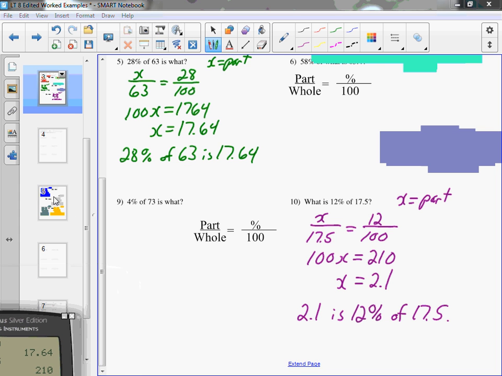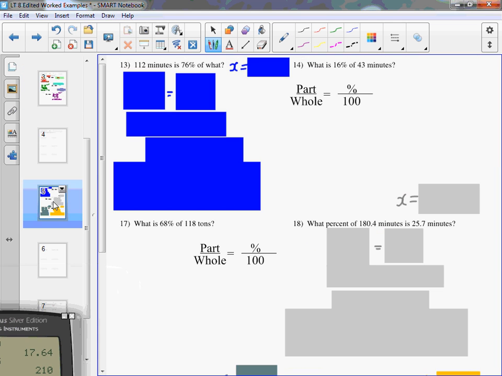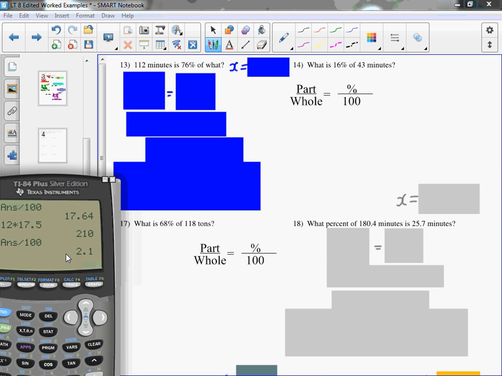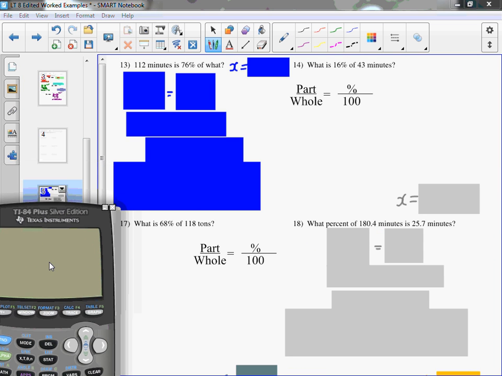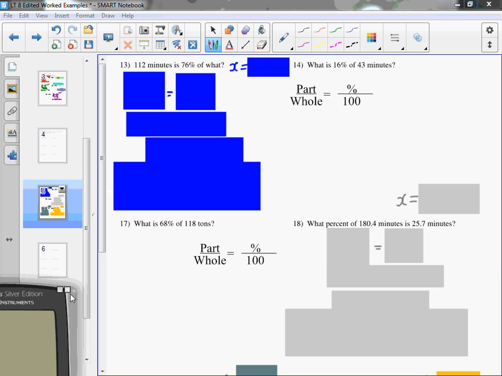All right, let's flip over to the back of the worksheet. Now, number 13, you might notice, is worded a little bit differently. 112 minutes is 76% of what? Of what? X is the whole.